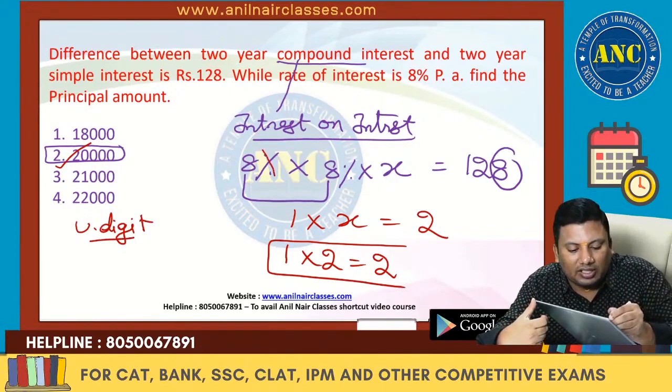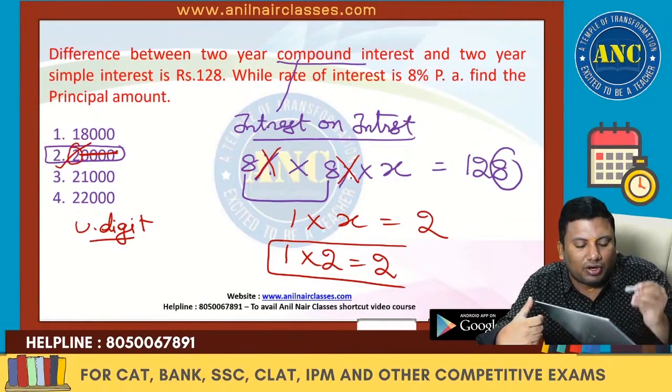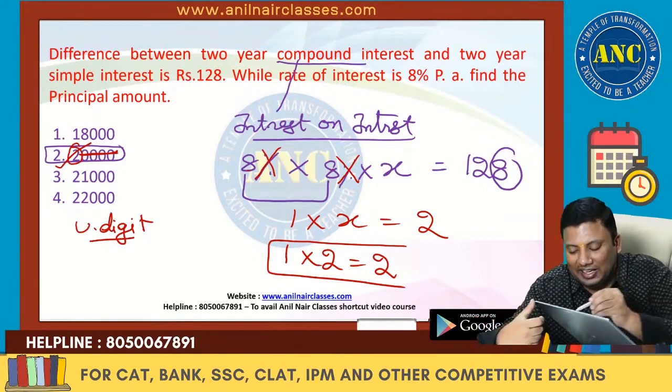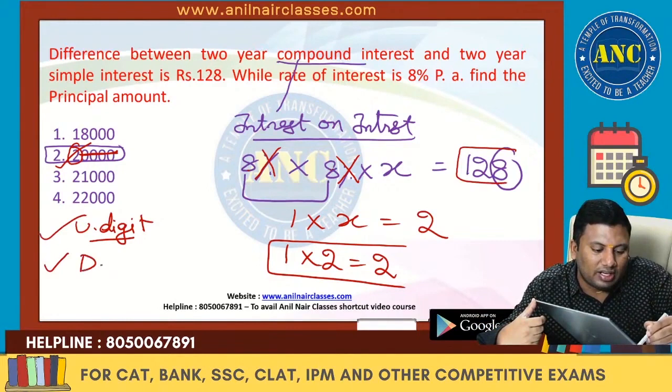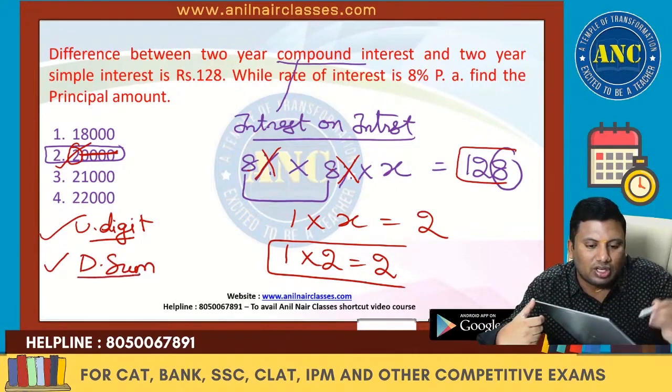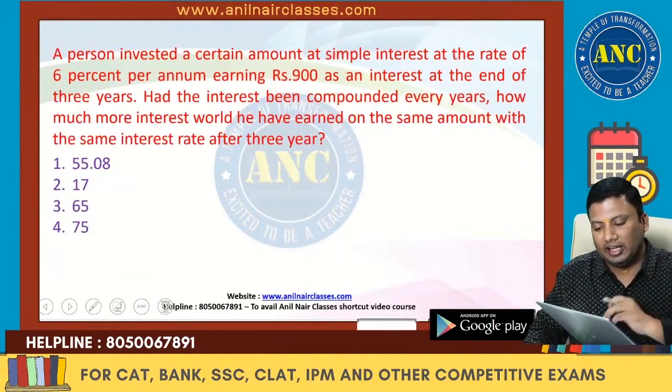See here, sir, percentage is 200s. 4 zeros are eliminated. 8 8s are 64, 64 2s are 128. That is what I got as the answer. Either unit digit logic or digital sum logic you can use to solve these questions. I hope the idea is clear.